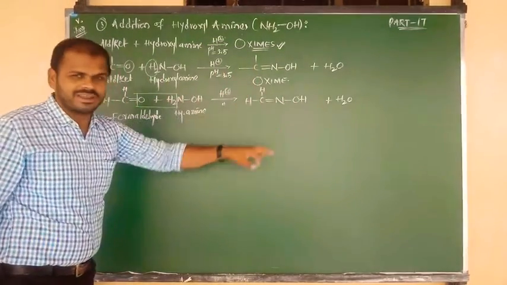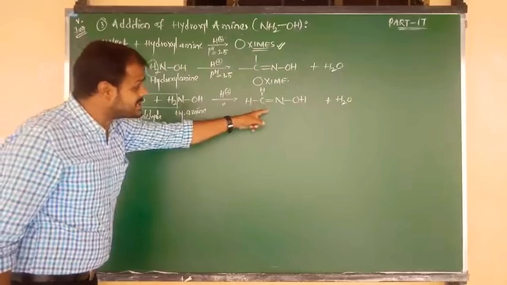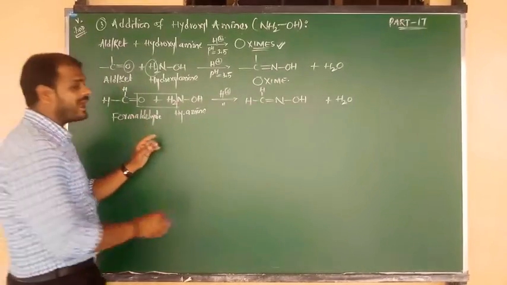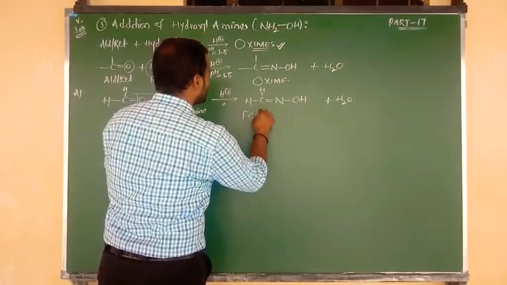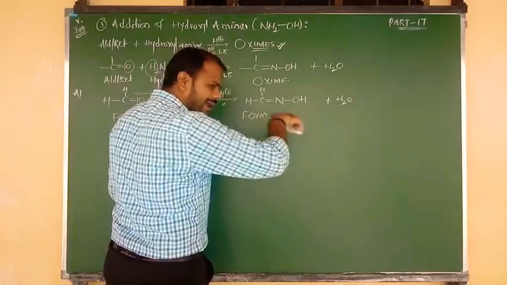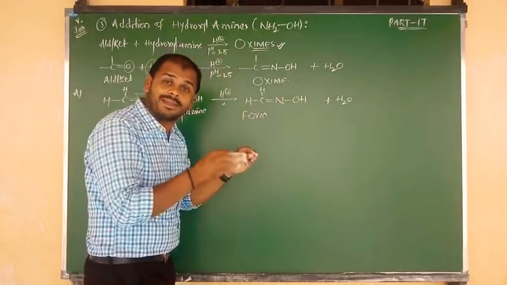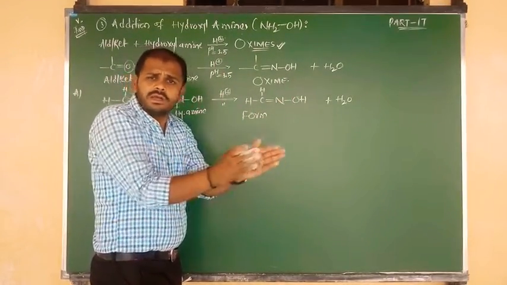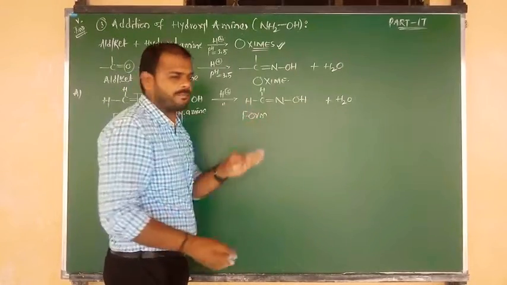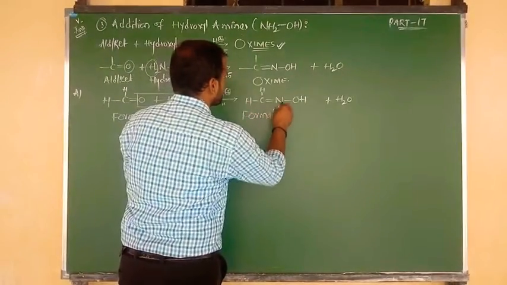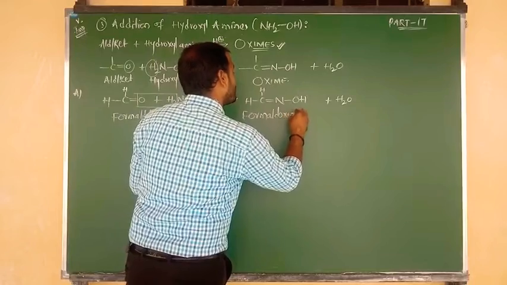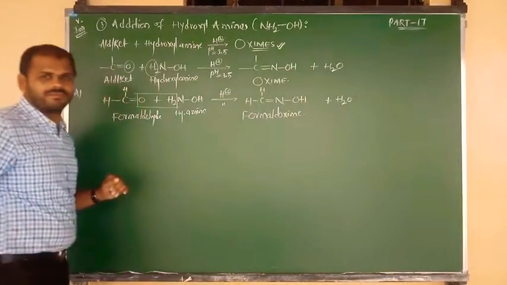Again you got an oxime product. But such an oxime is coming from where? Formaldehyde. So the product name is formaldehyde oxime, and the short name is formaldoxime. What is the product name, guys? Formaldoxime.